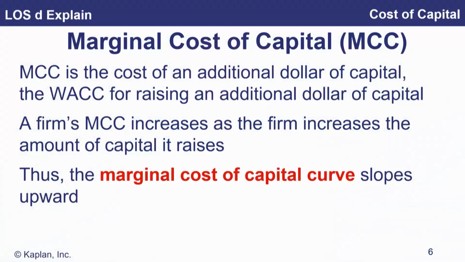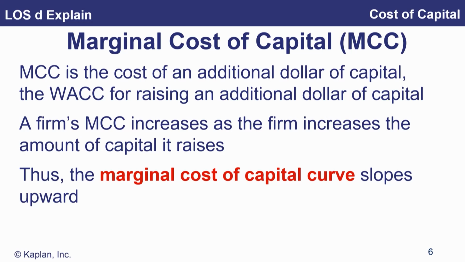So we've got the after-tax costs. We've got an idea of the weights. So what's the marginal cost of capital? Well, we've got the weighted average cost. So this can be a little bit confusing because we've got the average, but when the average goes up, the marginal goes up. So the marginal cost, as we remember from economics, is the cost of an additional dollar.